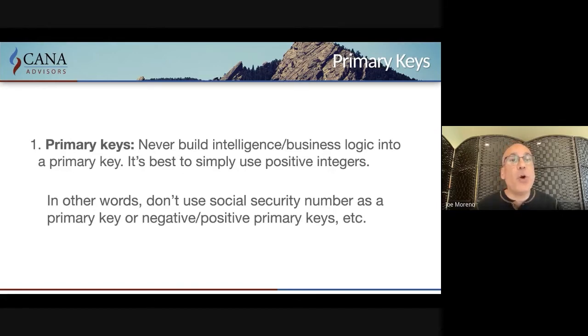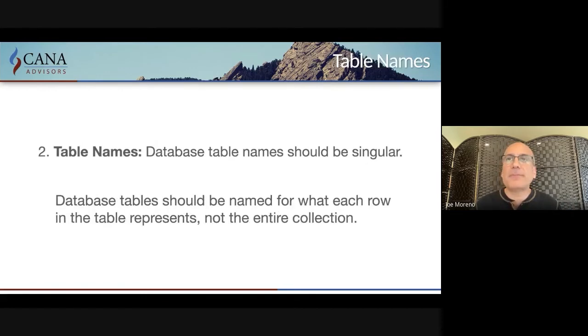So simply don't build any intelligence into a primary key. That way, if you ever have to migrate a database from one database type to another, you don't have to worry about what the primary keys represent if the new database system uses some different type of primary key algorithm.